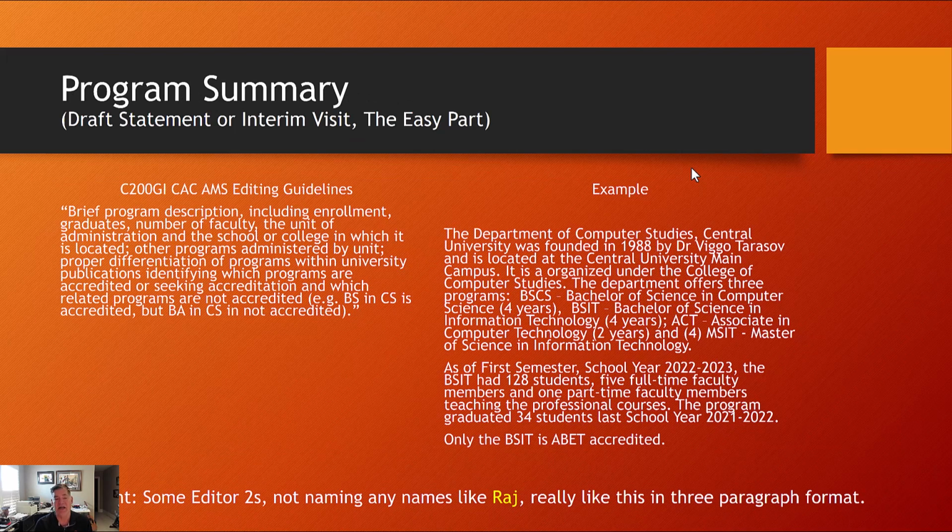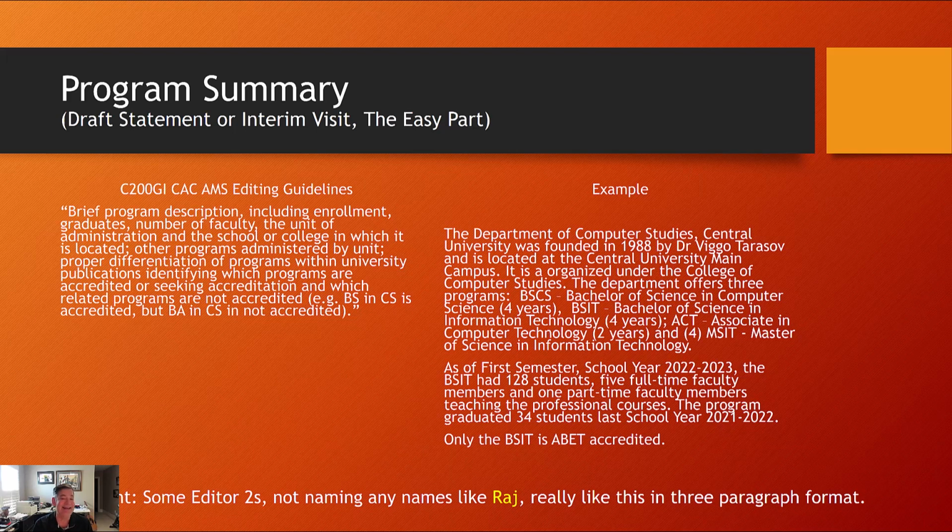What I've got, and I pulled this from C200 GI, is you see the text associated with just the basic information that you want about the program, and you see on the right how it would be formatted. In this case, I've broken it down into 3 separate paragraphs that kind of cover the 3 major components associated with this program.